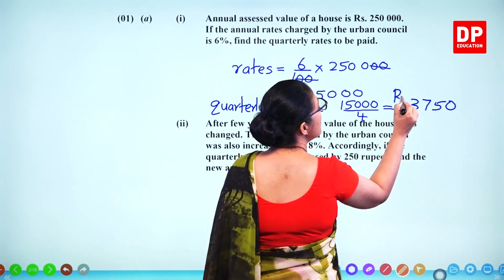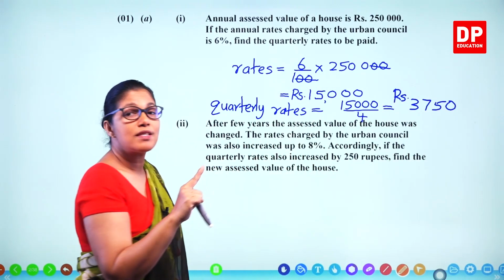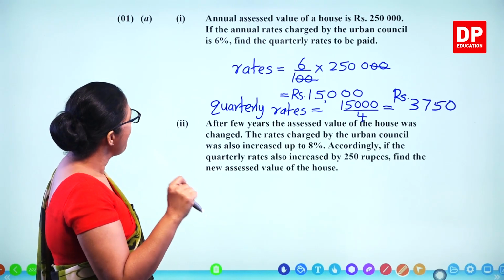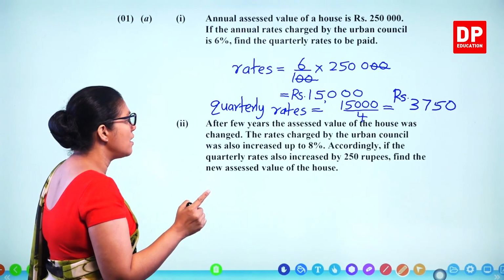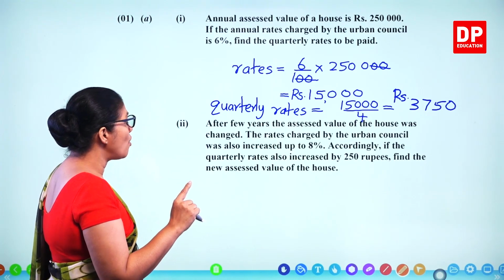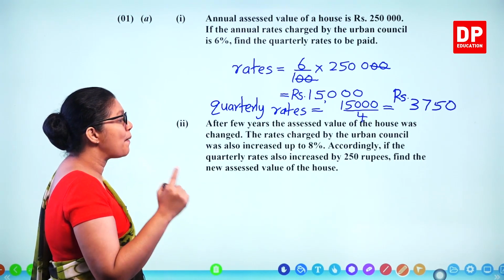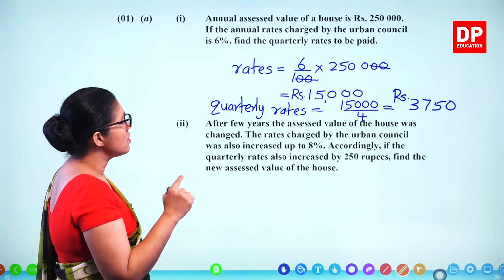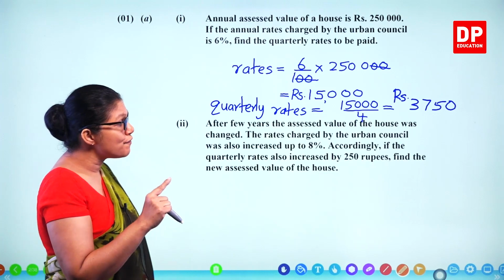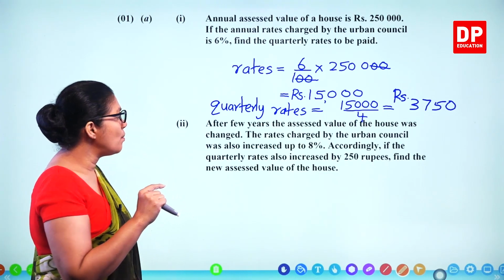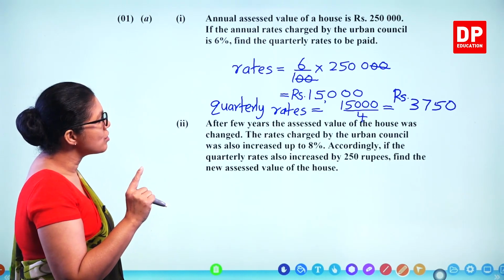So here the quarterly rates is 3,750 rupees. After a few years the assessed value of the house was changed. The rates charged by the urban council was also increased up to 8%. If the quarterly rates also increased by 250 rupees, find the new assessed value of the house.